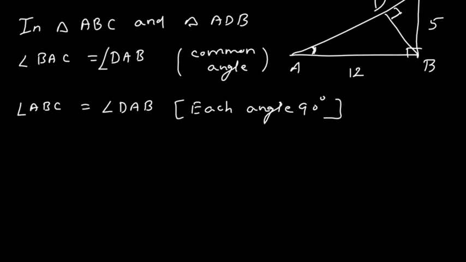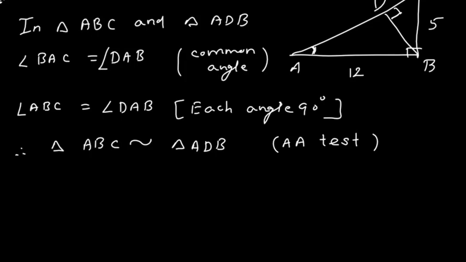Therefore we say that triangle ABC is similar to triangle ADB. This is the symbol for similarity of triangles. Now the condition which we used is the angle test of similarity, or angle criteria of similarity.